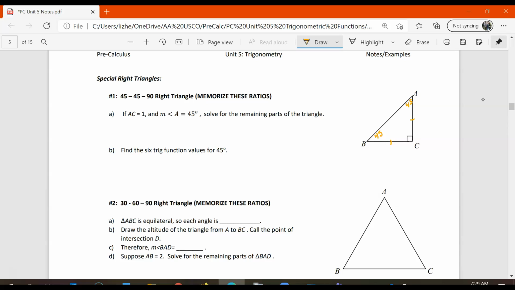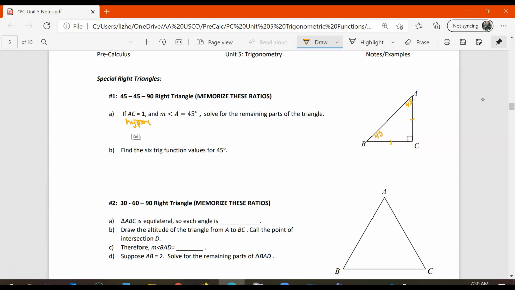These legs are equal. If AC is 1 and the measure of angle A is 45, solve for the remaining parts of the triangle. So this first problem says AC is 1, which is my hypotenuse, right?